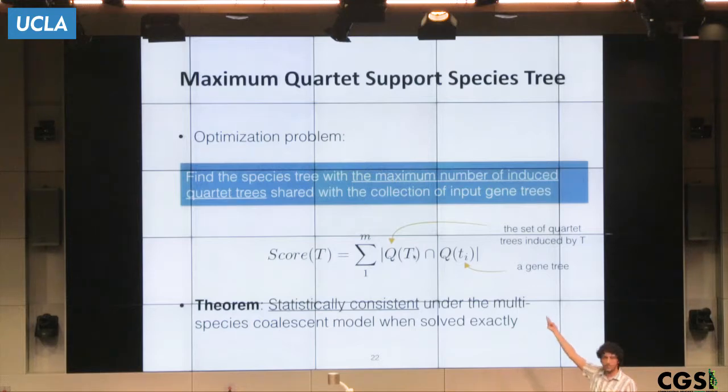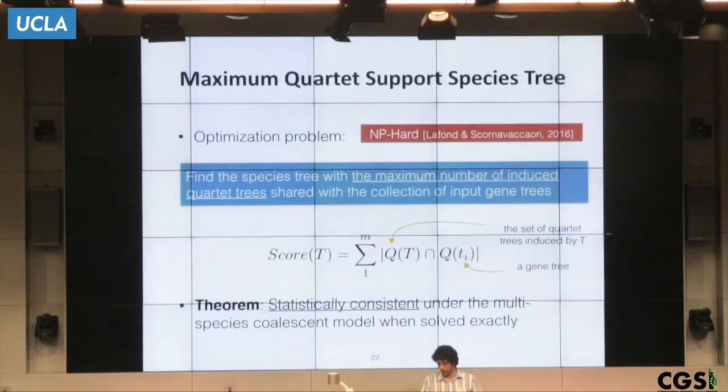And you can see what's the intersection for each quartet. And the score of your species tree is just this number, summing over all gene trees, right? If you could solve this problem, it would be a statistically consistent estimator of the species tree. The problem turns out to be NP-hard, which is not even surprising because everything in phylogenetics is NP-hard.